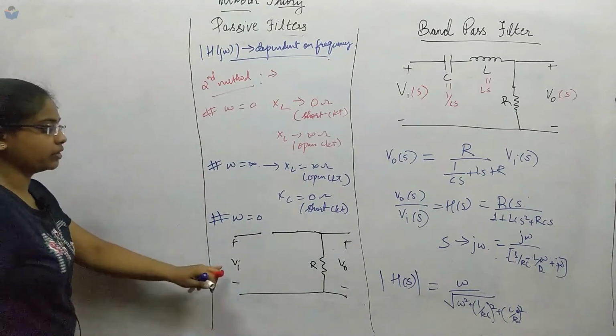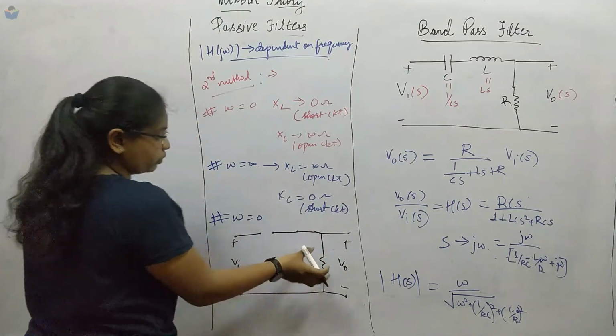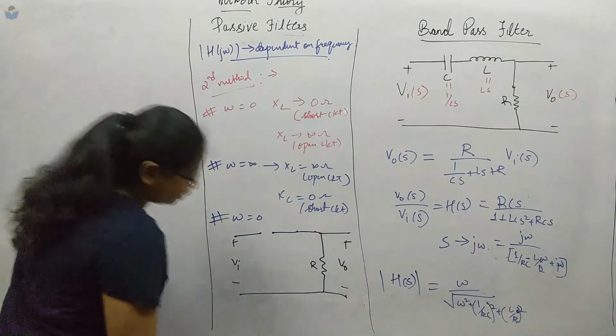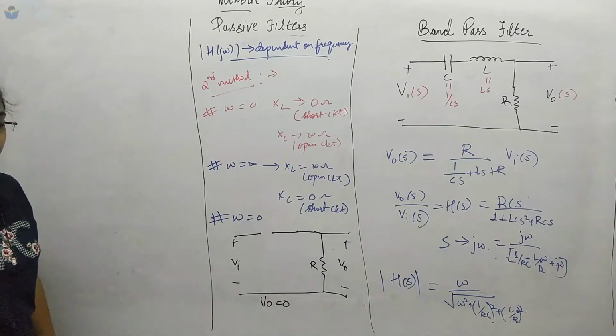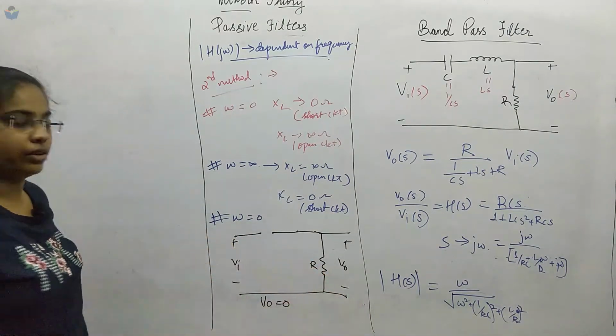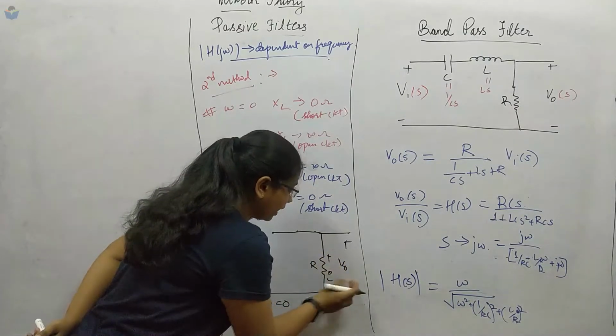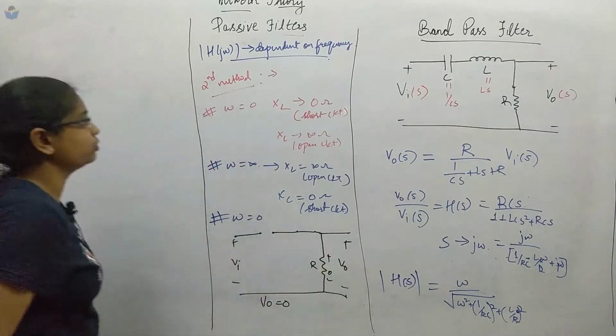What do you observe? There is no drop over here, current is 0, and over here also current is 0, so there won't be any drop across the resistor as well. So V naught will be equal to 0 volts.